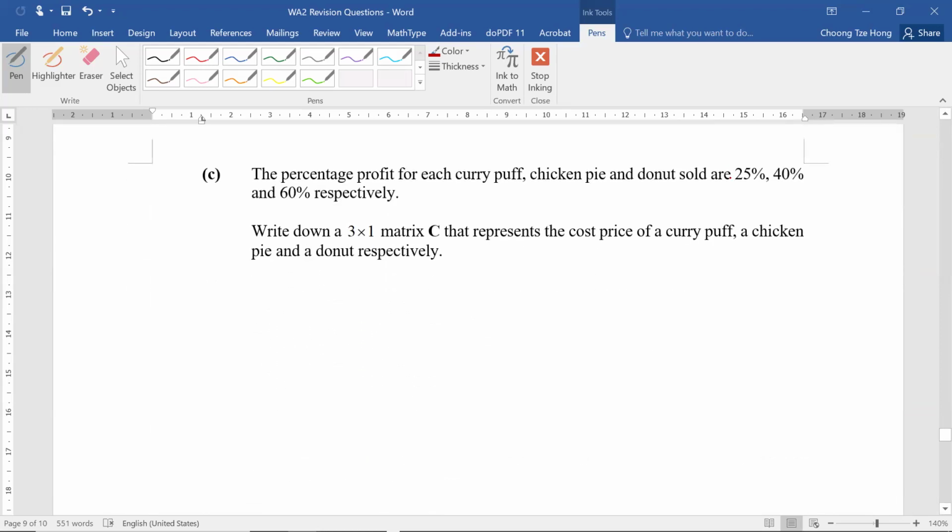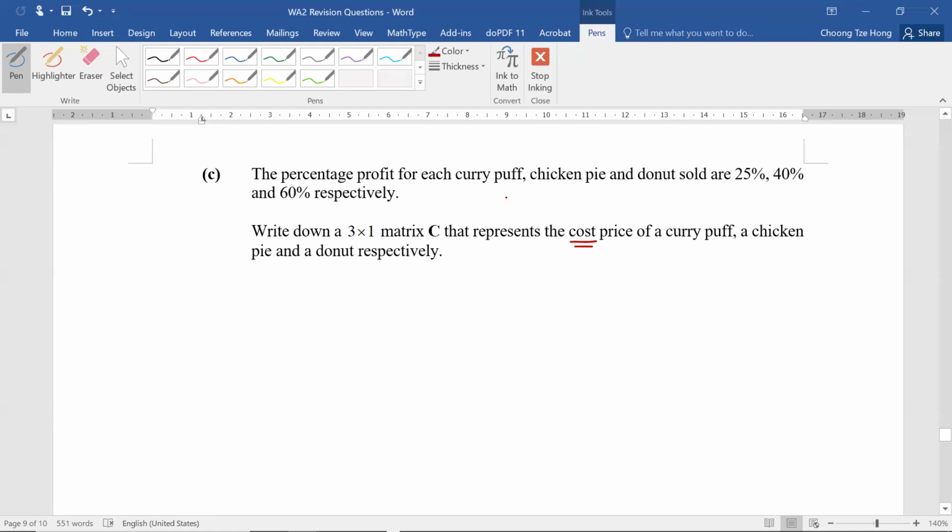Right, next part: the percentage profit for each curry puff, chicken pie, and donut sold are 25%, 40%, and 60% respectively. Write down a 3 by 1 matrix C that represents the cost price of a curry puff, a chicken pie, and a donut.